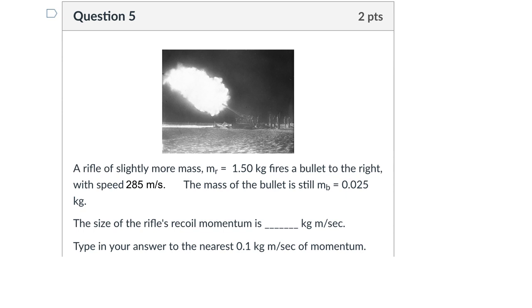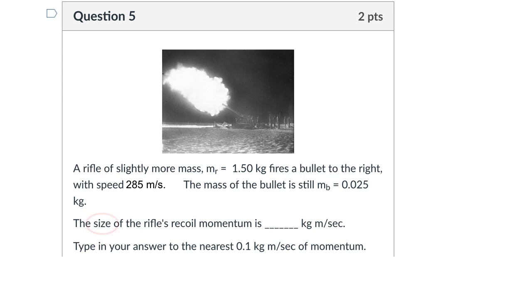So it's not a very big bullet, and it doesn't have a very big speed. But the size of the rifle recoil momentum is the same as whatever the bullet gets. So figure out what the bullet's getting over here, and then the same size momentum off to the left for the rifle. The rifle's going to absorb a bunch of momentum.